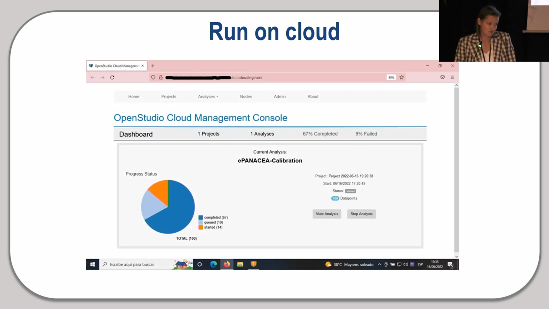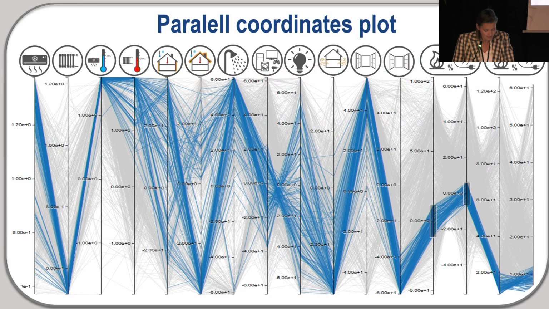So through the console, we go to the View Analysis tab, and although at the OpenStudio server console we find several functionalities to explore the results, this one is the most useful to allow dynamic filtering and select the most appropriate model to consider as our calibrated model.